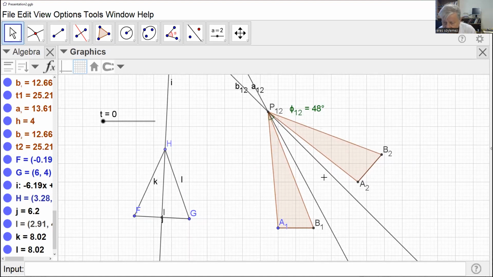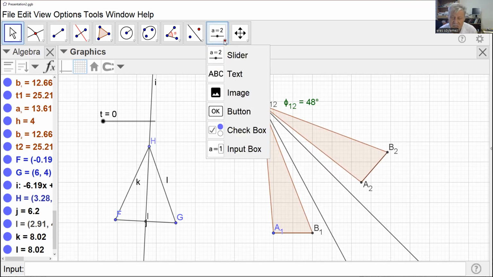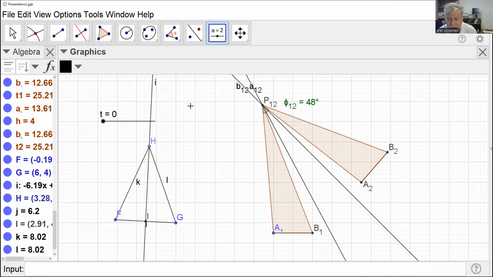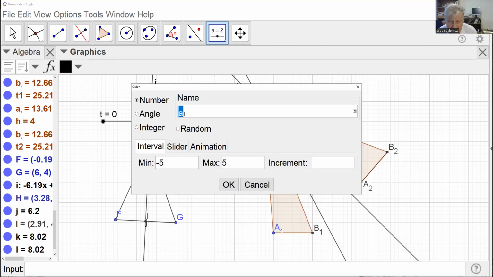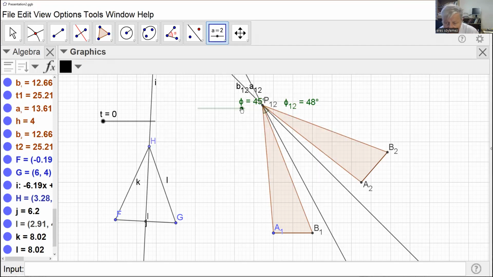Now, this is the problem. I select, let us show that it's the rotation. Over here, angle. I'll call that angle alt phi. It's going to change from 0 to 48 degrees. Okay, like this.